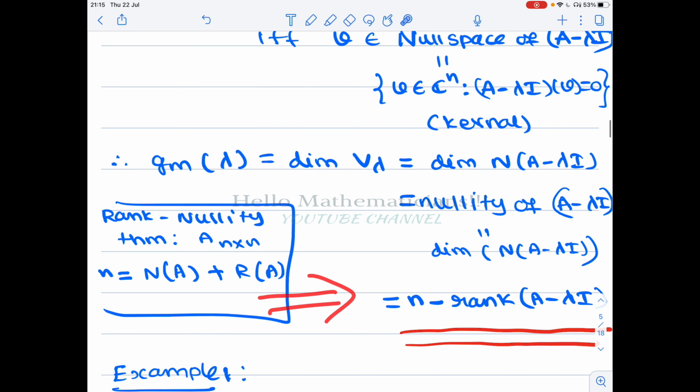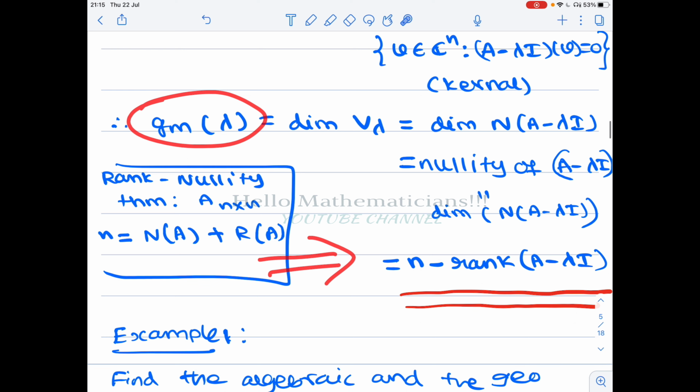To calculate the geometric multiplicity of an eigenvalue lambda, basically you have to calculate the rank of a matrix. Calculating the rank is sometimes easy, because rank is the order of the highest non-vanishing minor, or sometimes you can reduce to echelon form to see the rank. There are many methods to calculate the rank of a matrix.